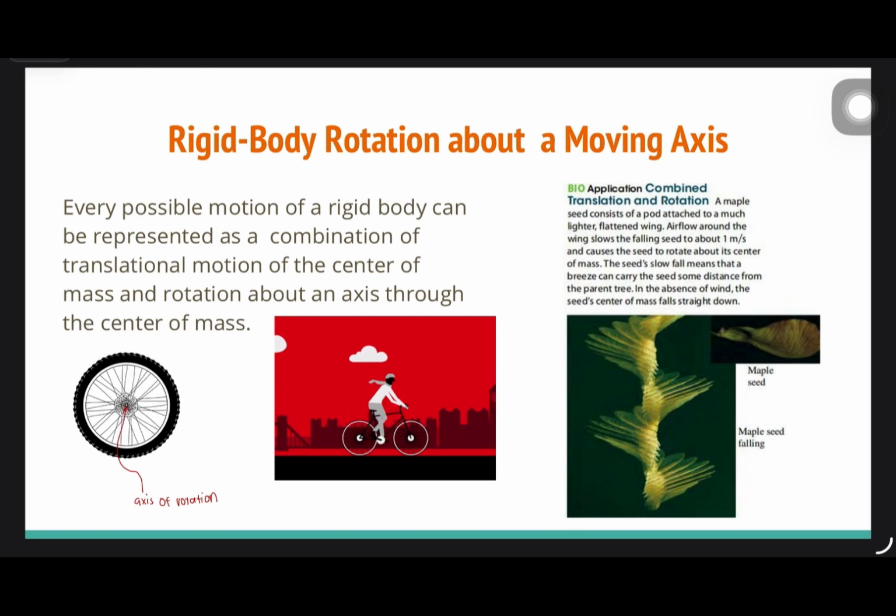The translation kasi nga nagmo-move na siya from one place to another. So may movement na. Then, yung isa is yung rotation. Ibig sabihin, nag-spin siya around the center of mass. So, this combination is called general plane motion.